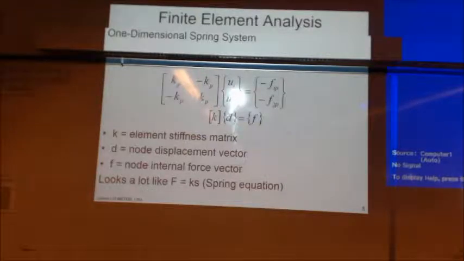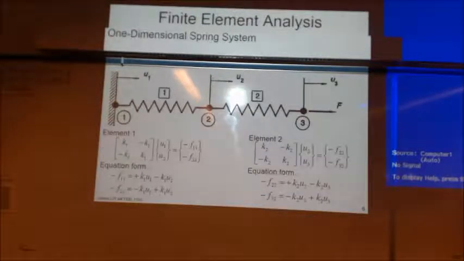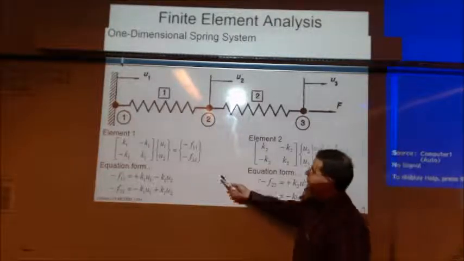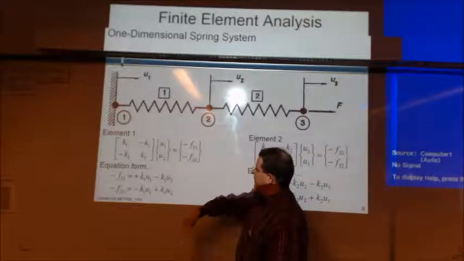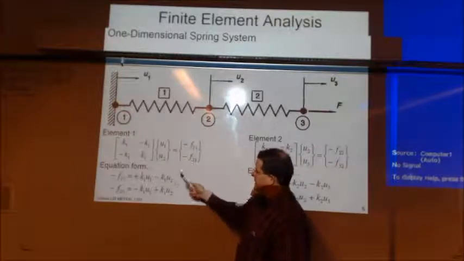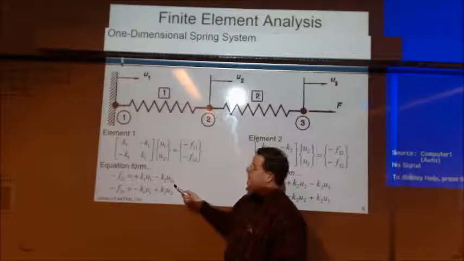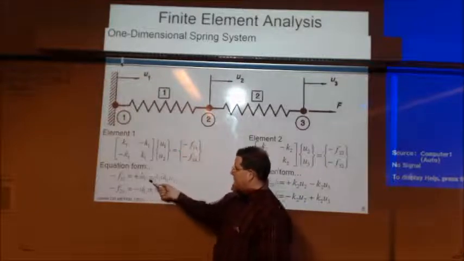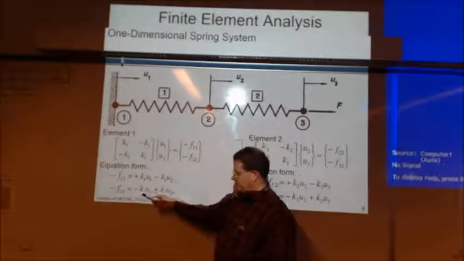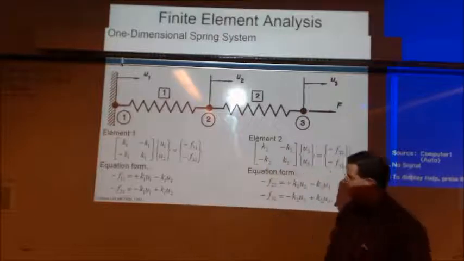So let's put our system of equations together here and begin to try to solve for the displacements. So for element 1, if we put our matrix together, we're going to have these equations for element 1. This one related to node 1, this one related to node 2.